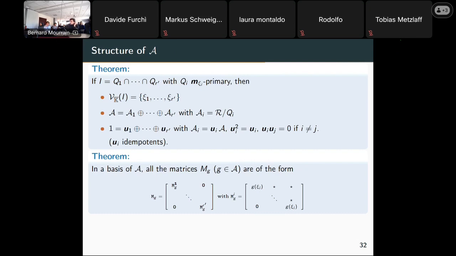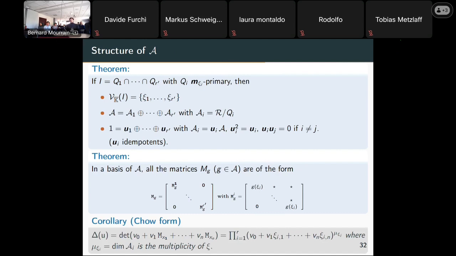So these are quite strong properties. You have a way to construct a common upper triangular form for all these operators of multiplication, if you choose correctly the basis.